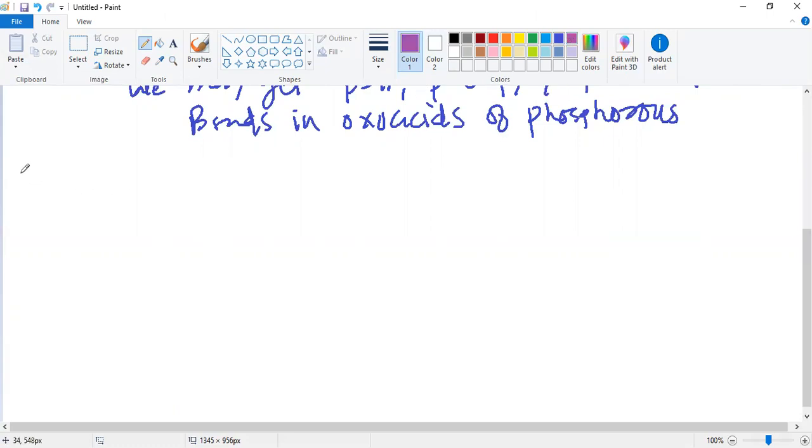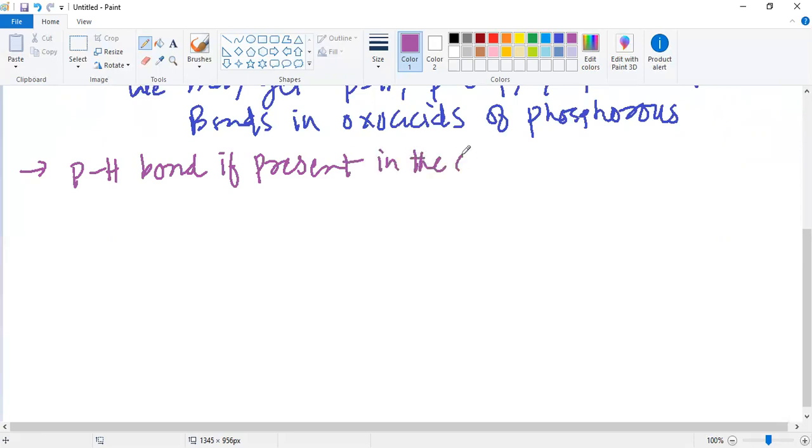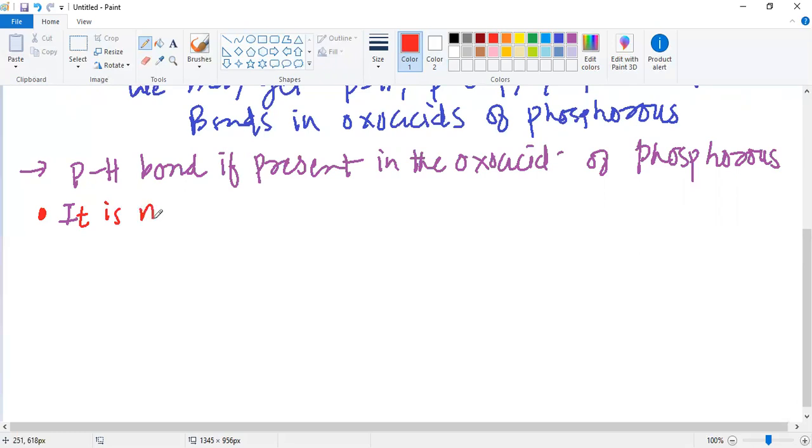The next feature is, my dear students, that the P-H bond, if present in the oxoacids of phosphorus, is, first thing, a very important thing about the P-H bond, not ionizable. So the P-H bond is not ionizable.